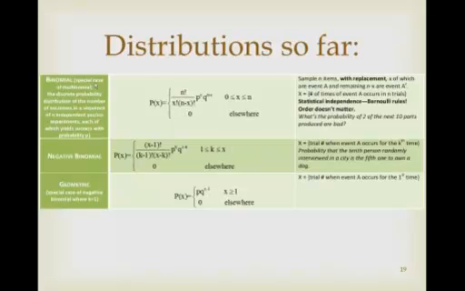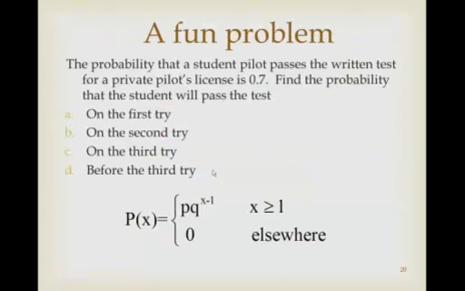We've got binomial, negative binomial, and geometric. We did a problem with negative binomial. We didn't do one with geometric, but you can see it's probably going to be even simpler. It's the same as negative binomial, but even simpler. So let's look at that.